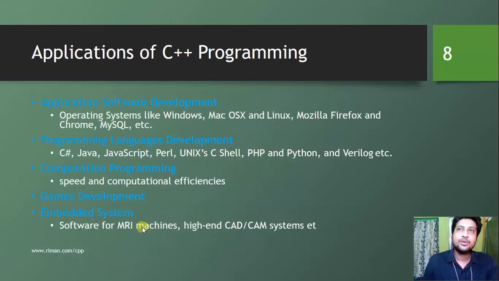So let's look into the applications of C++ programming. We can develop application software using C++. Most of the operating systems, like Windows, Mac, and Linux, are actually written, at least some parts of those operating systems, in C++. Some browsers like Mozilla Firefox and Chrome are also written in C++.